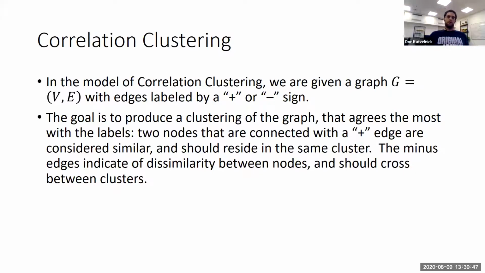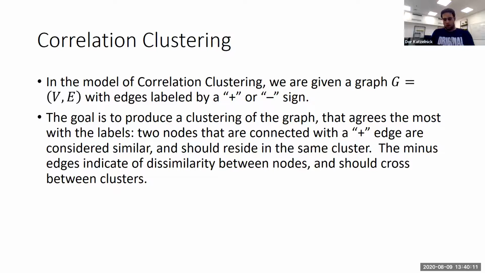This work is about a problem of correlation clustering. In the model of correlation clustering, we're basically given an undirected graph, where the edges are labeled by a plus or a minus sign. A plus sign indicates that the two nodes are similar, and a minus sign indicates that the nodes are not similar.